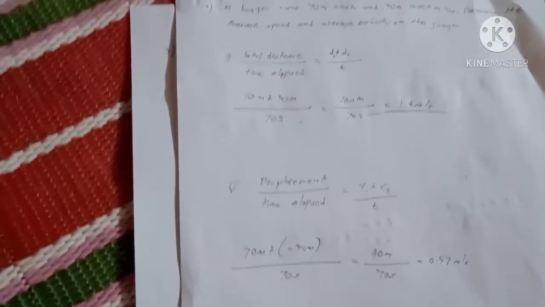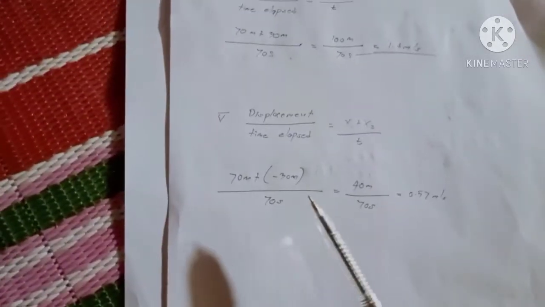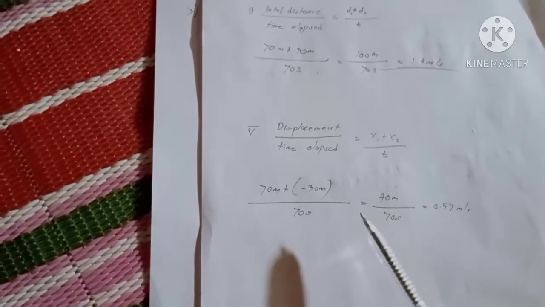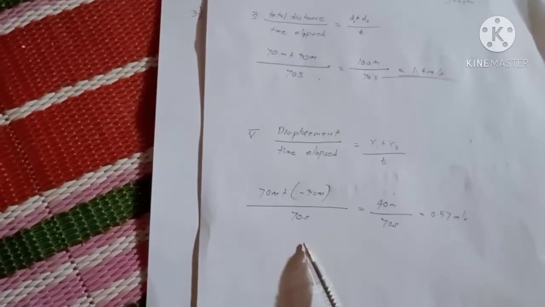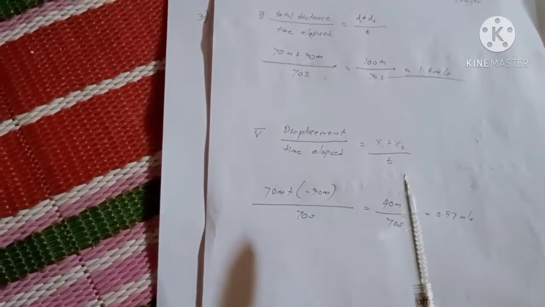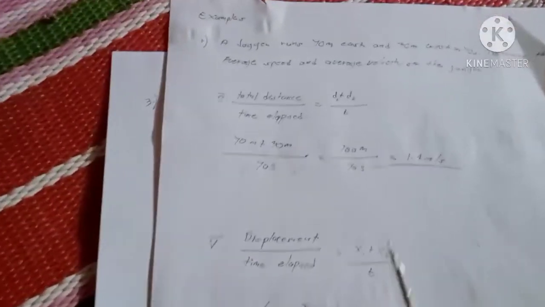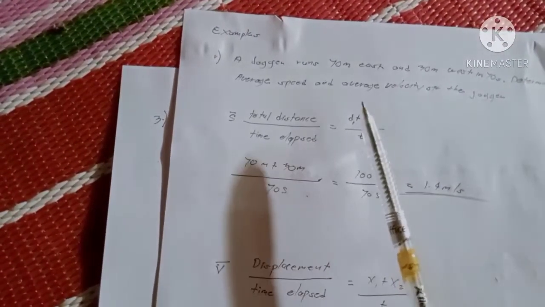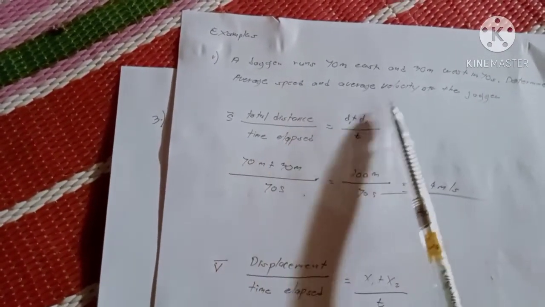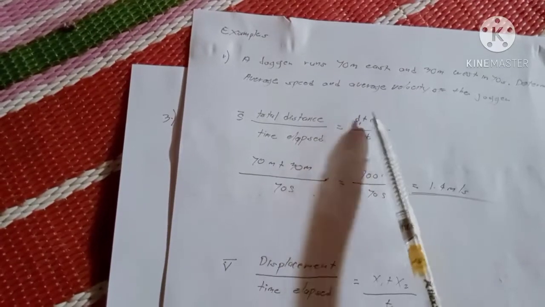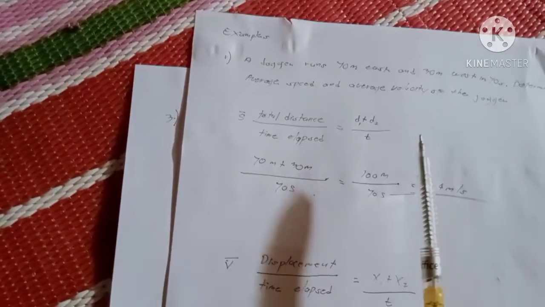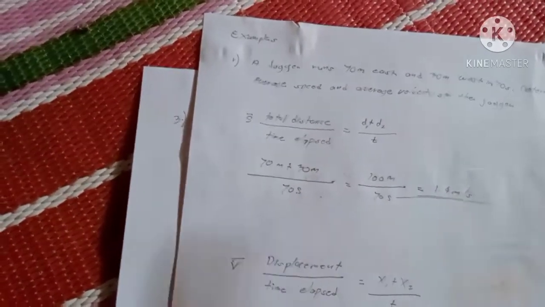So for this displacement, we subtract, because we can see in the compass the 70 meters east and the 30 meters west. The east is the positive side, and the west is the negative side.